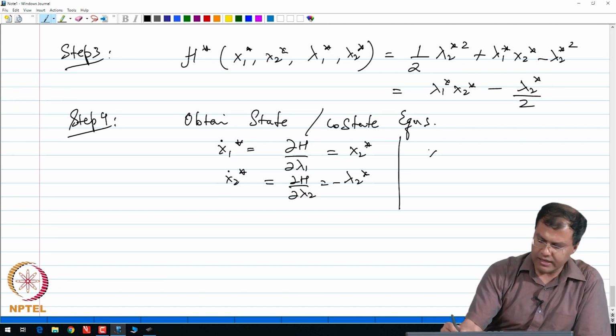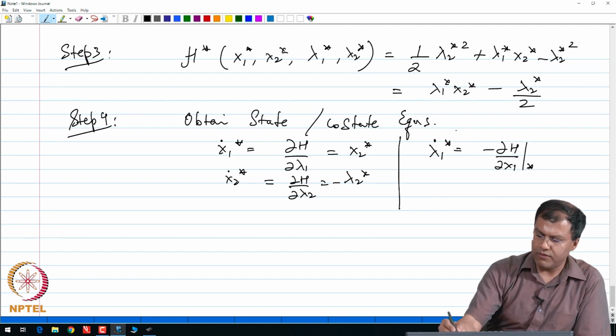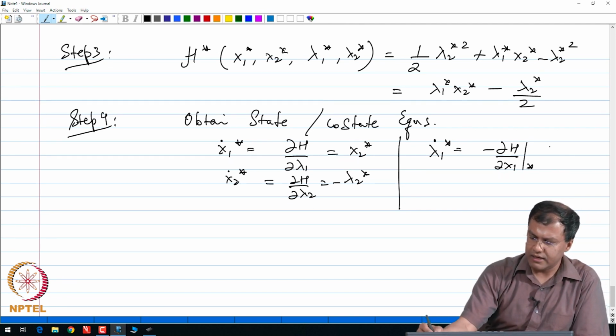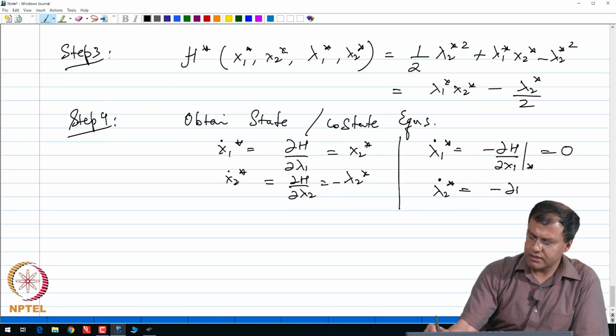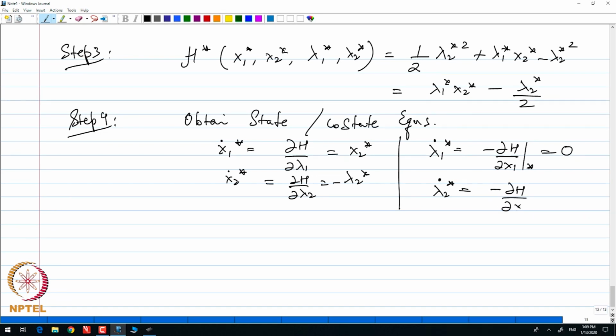Then lambda 1 dot star is minus partial H partial x1 star. When we differentiate with respect to x1, we do not have an x1 in the expression, so this is equal to 0. And lambda 2 dot star is equal to minus partial H partial x2 star, which is equal to minus lambda 1.